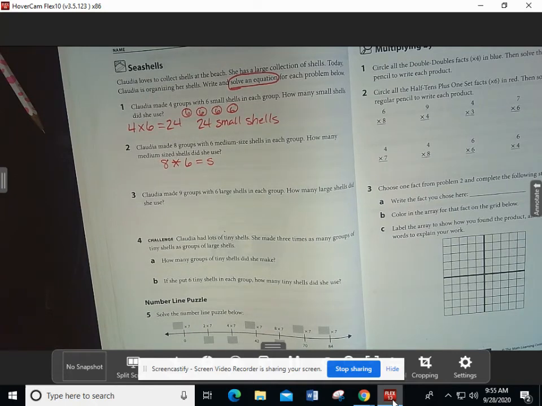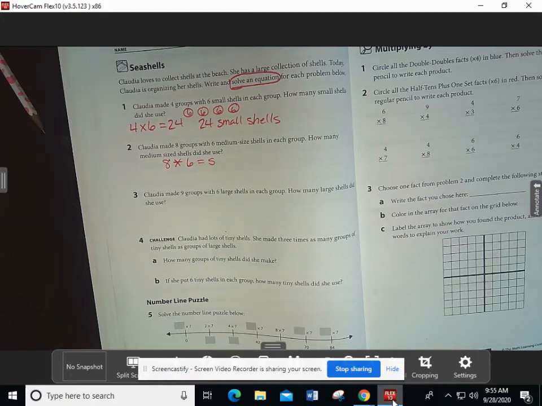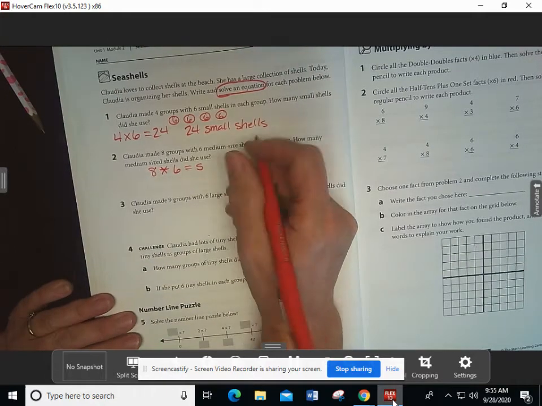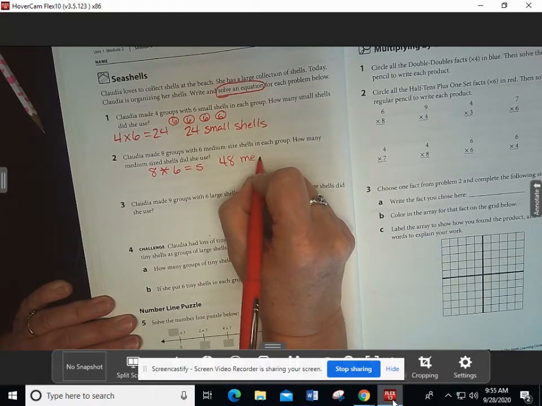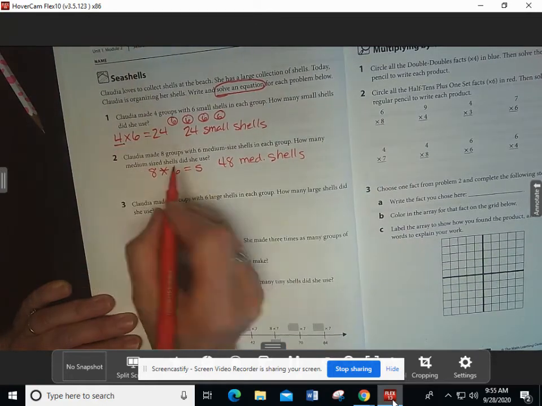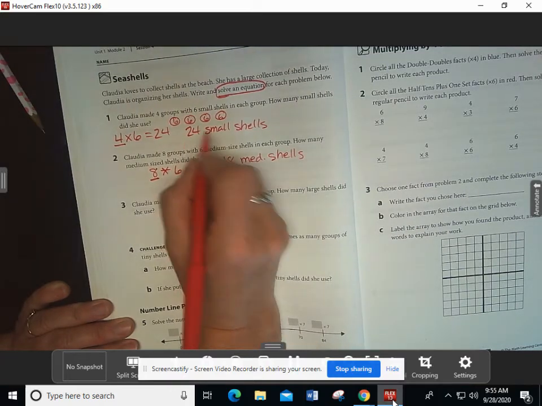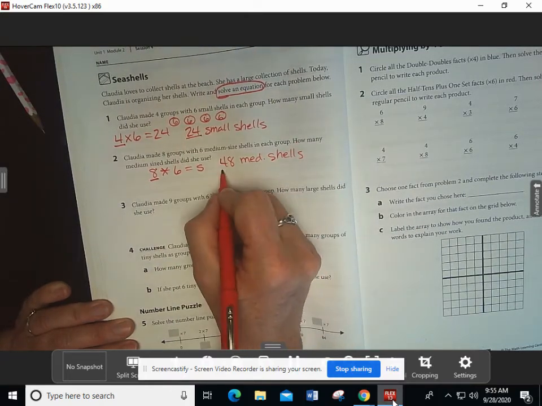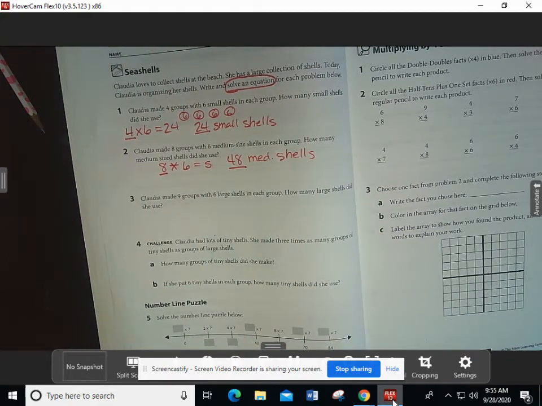One factor stayed the same, one factor doubled. So what is 8 times 6? Luke? 48. Again, look at this. There's the 4, there's the 8, it doubled. There's the 24, there's the 48. 24 plus 24 is 48, it doubled.